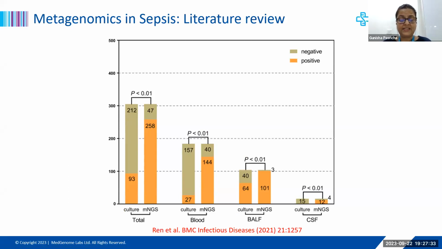So clinical metagenomics is something to look forward to. Apart from blood, at MedGenome we also look at metagenomics of non-sterile and sterile site samples like CSF, peritoneal fluids, or in the case of bowel, blood, any of these samples. So metagenomics is a tremendous technology which is actually revolutionizing the field of infectious disease.